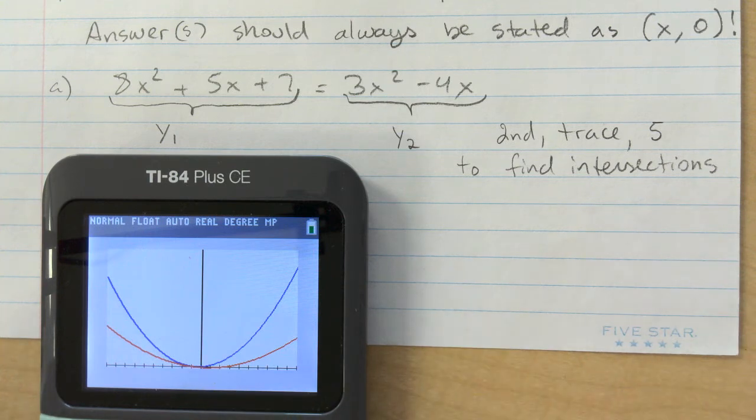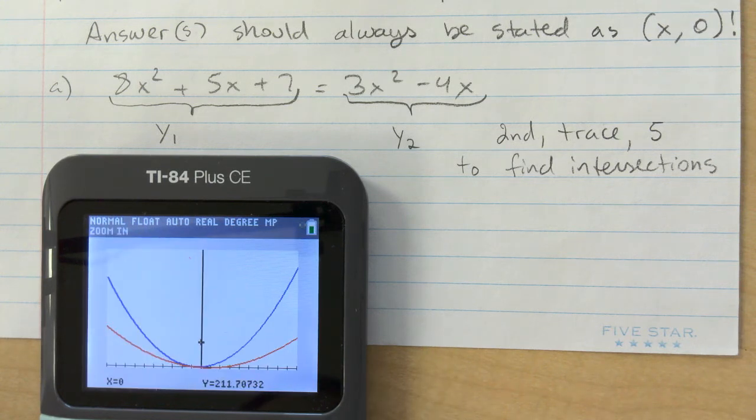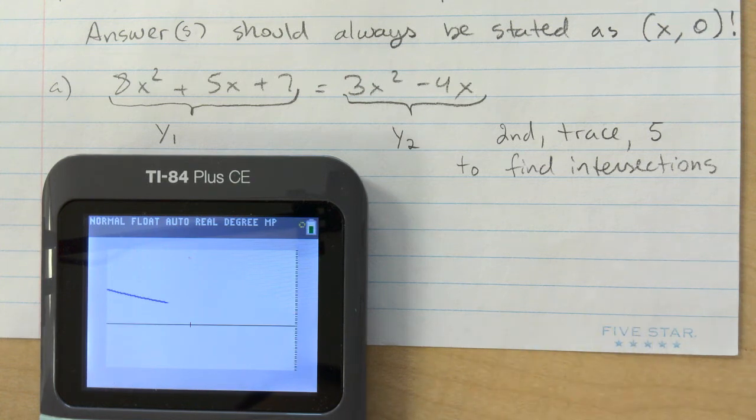We'll just go zoom in, and we're going to take our cursor right to where we think it's happening and hit enter. We're still not sure, so we're going to keep increasing that. And there you can see it's never crossing.